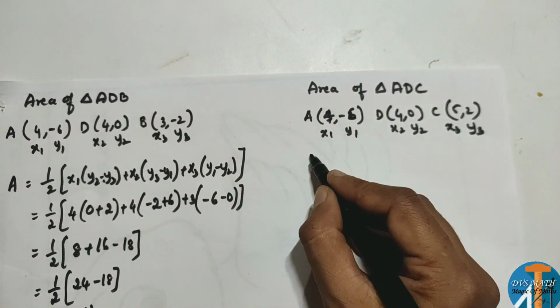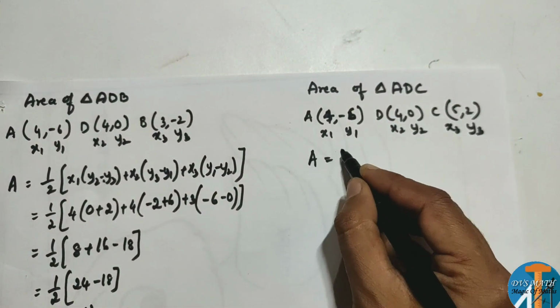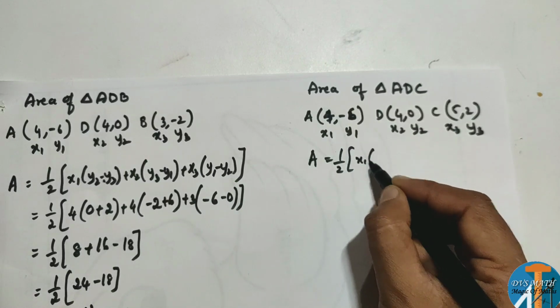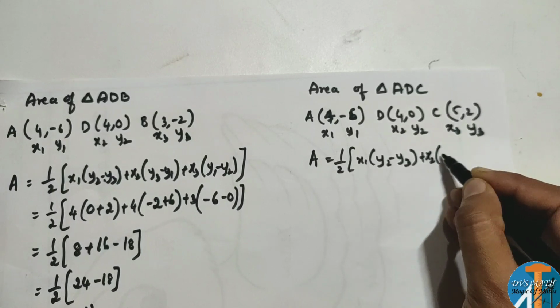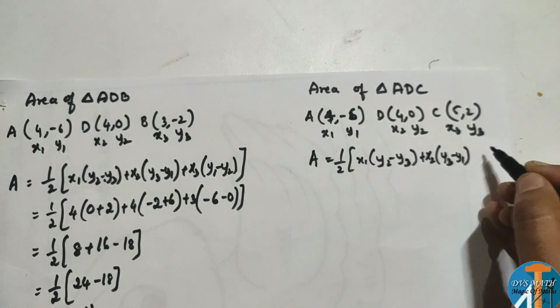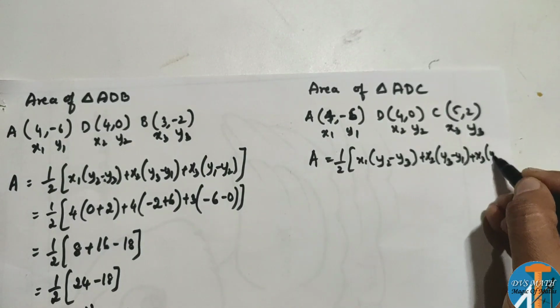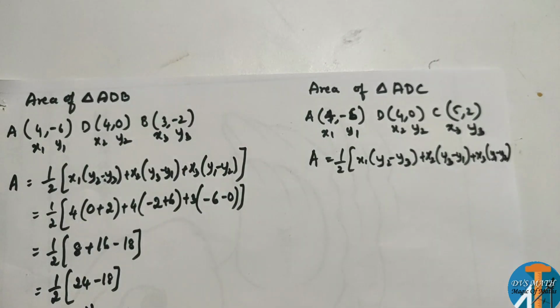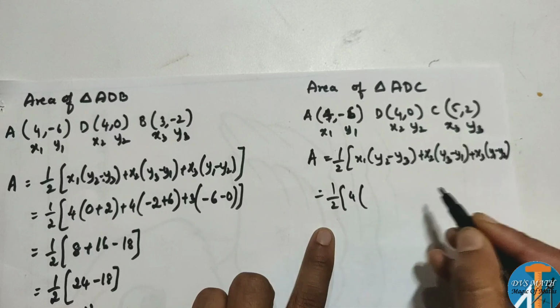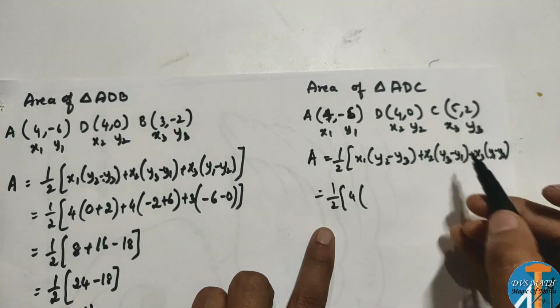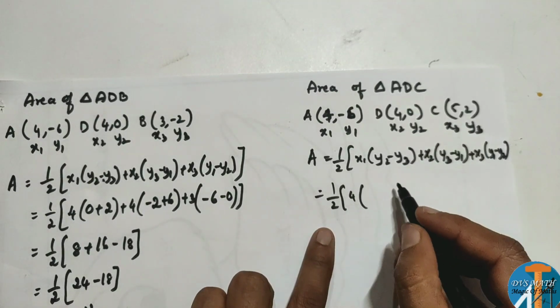For ADC, the same formula you have to write: A is equal to half x1 (y2 minus y3) plus x2 (y3 minus y1) plus x3 (y1 minus y2). So now let us substitute half. What is x1? It is 4. y2 minus y3: 0 minus 2.